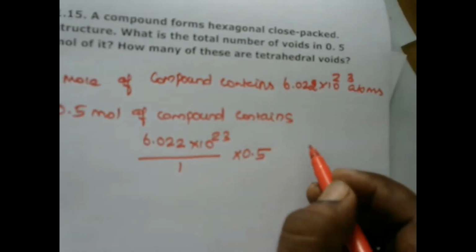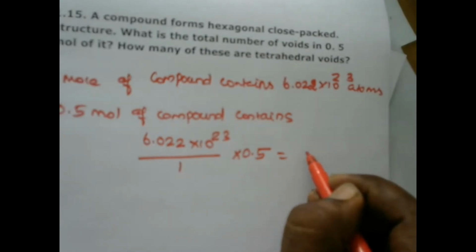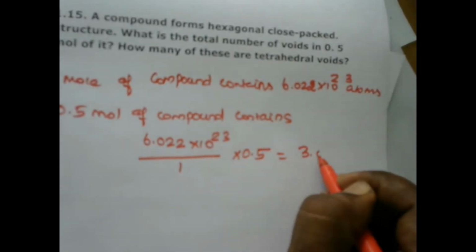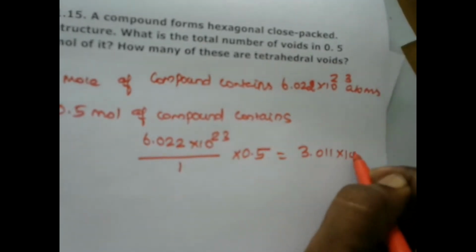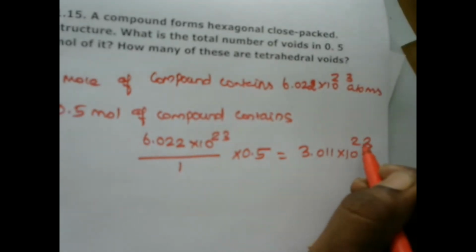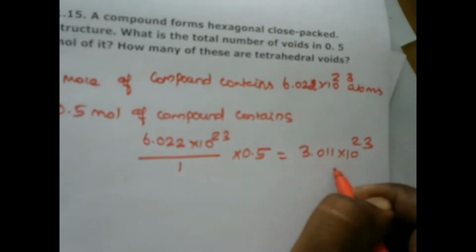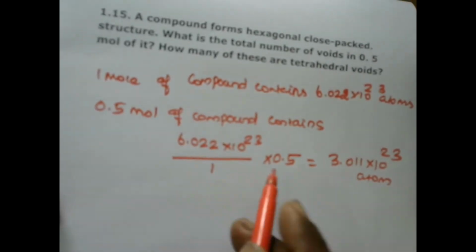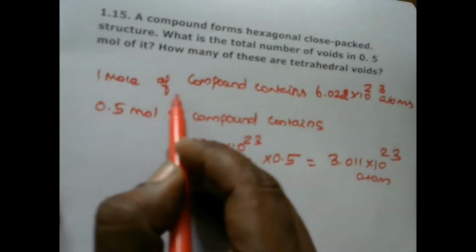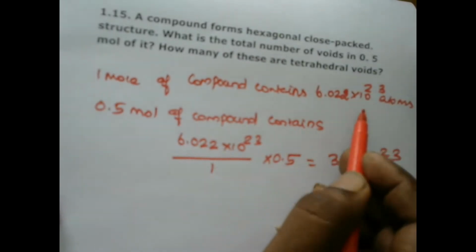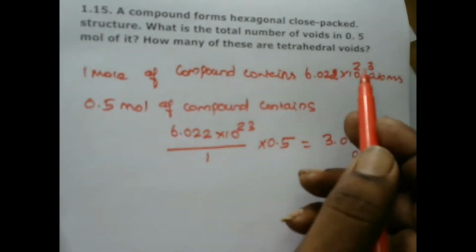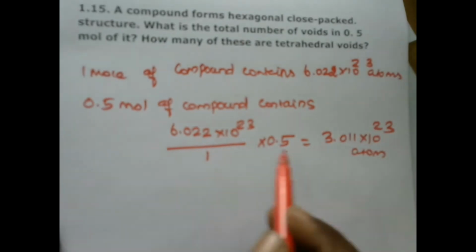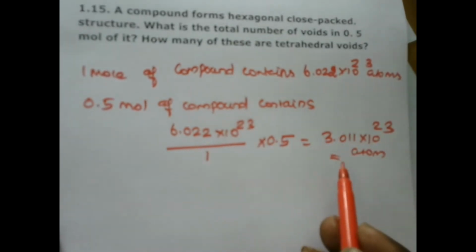So that will be equal to 3.011 into 10 to the power of 23 atoms. Right? So 0.5 mole has this many atoms. One mole has 6.022 into 10 to the power of 23 atoms, so in 0.5 mole this much number of atoms are there.